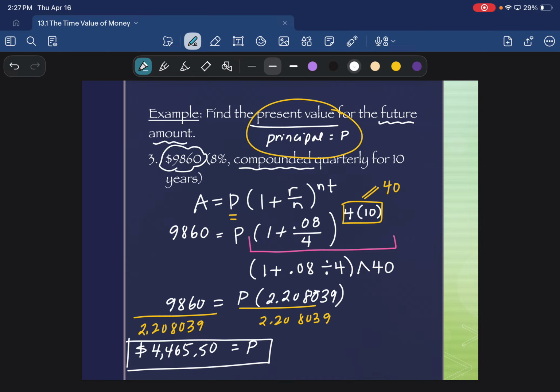The amount that we found at the end, $4,465.50, is the present amount that I would have to put into an account that has 8% compounded quarterly and leaving it there for 10 years in order for it to accumulate to $9,860 at the end of that time. That's what this is. This is the present value of the future value amount, $9,860. Okay, that's what we found.